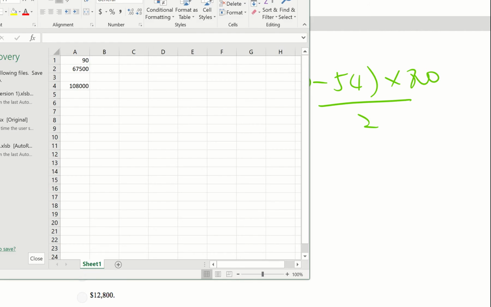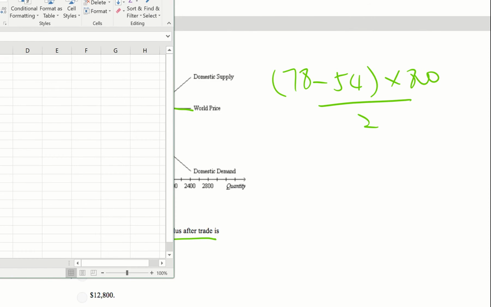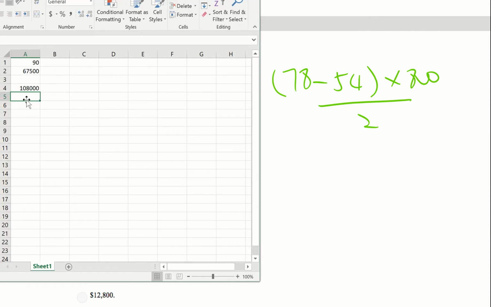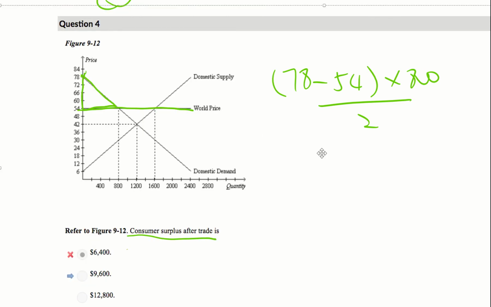So let's see what the answer is. 78 minus 54 times 800 divided by 2. So 9,600. Okay, so the answer is going to be B over here, 9,600.